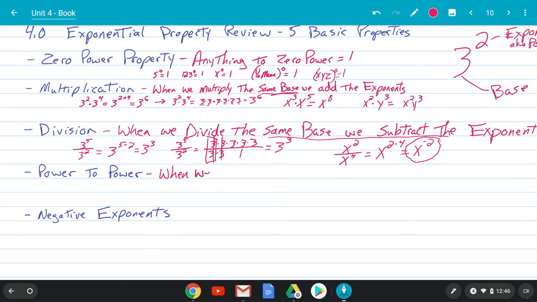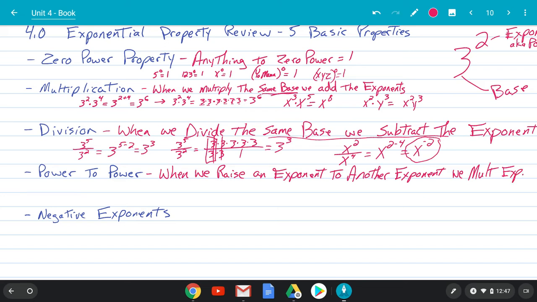When we raise an exponent to another exponent or power, we multiply the exponents.